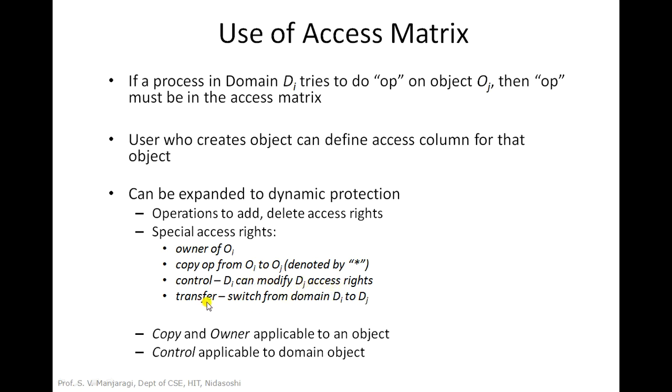The next access right is transfer. It is basically switching of the process from one domain to another domain, for example, switch from domain Di to Dj. Here copy and owner are applicable to an object, while control is applicable only to a domain object.